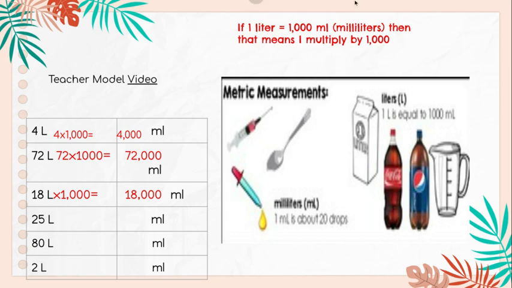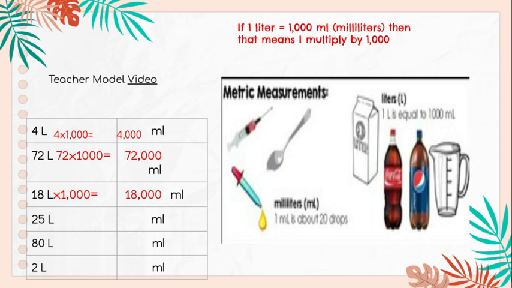So it's still working with thousands when it comes to these. If I want to change 4 liters into milliliters, I have to multiply by 1,000 because 1 liter has 1,000 milliliters in it. So I'm going to say 4 times 1,000 equals 4,000. So 4 liters is equivalent to 4,000 milliliters.